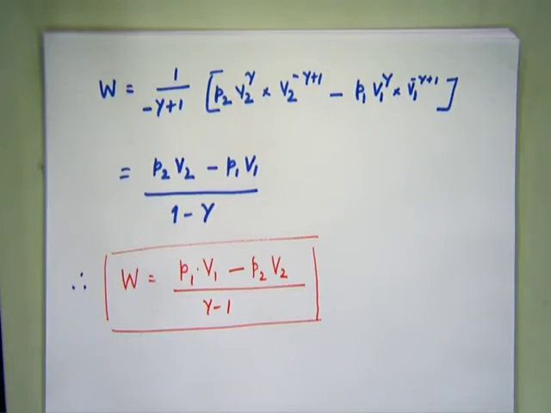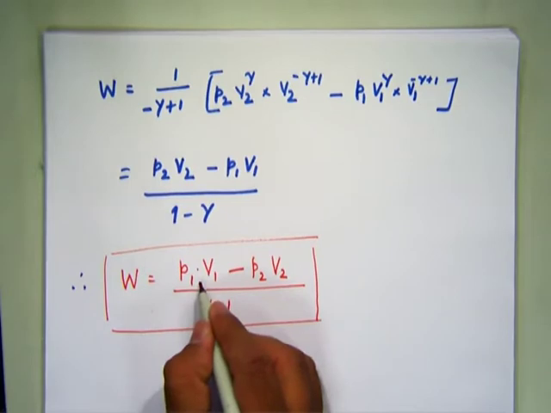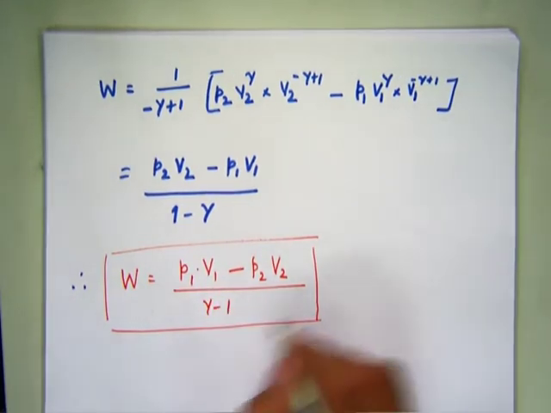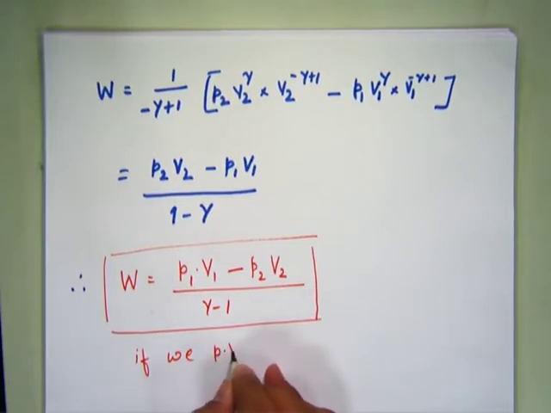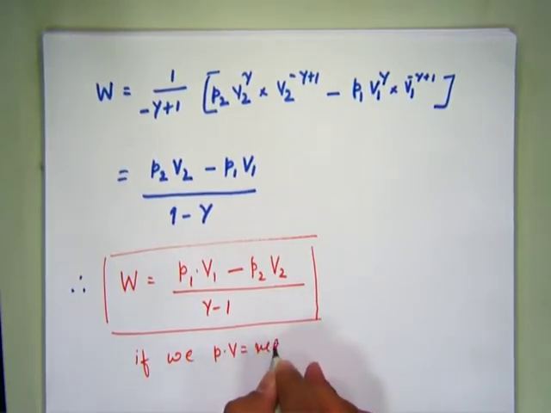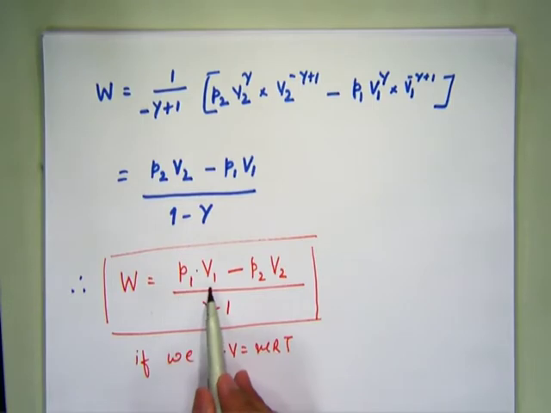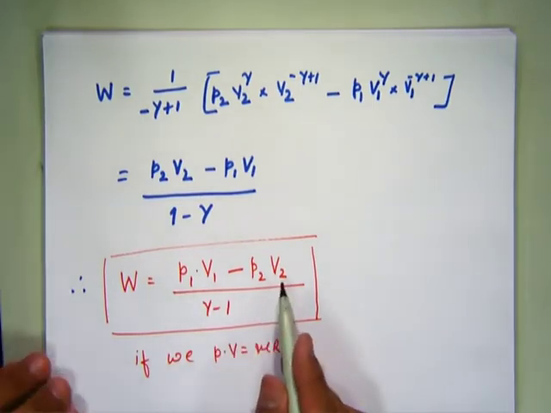And if we use P into V is equal to mRT, so P1 V1 is equal to mRT1, P2 V2 is equal to mRT2.